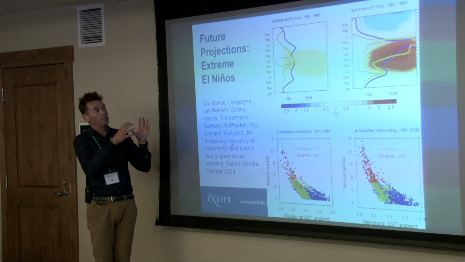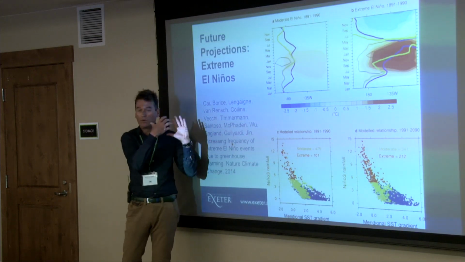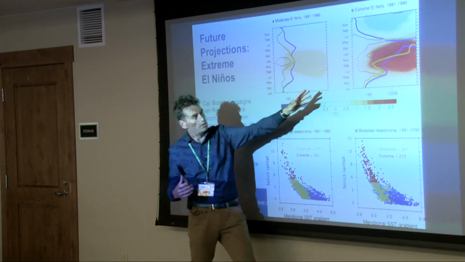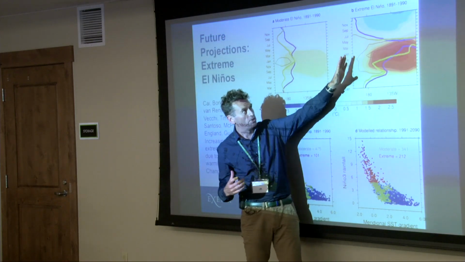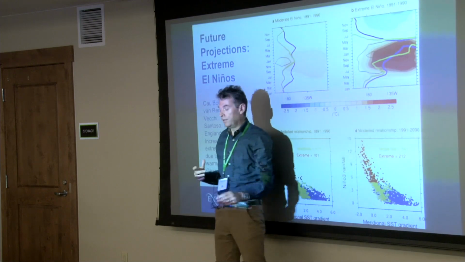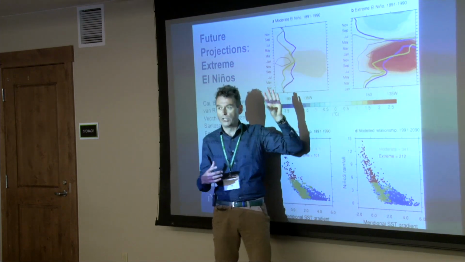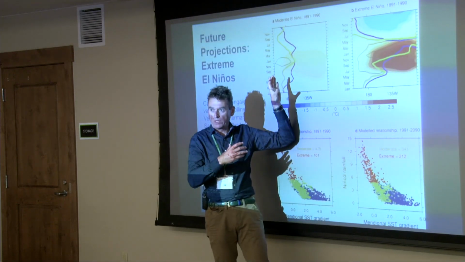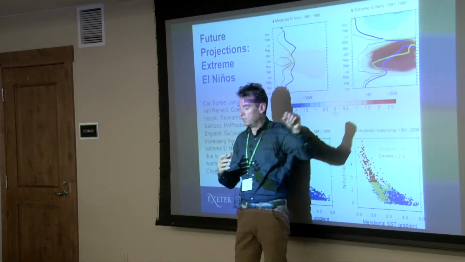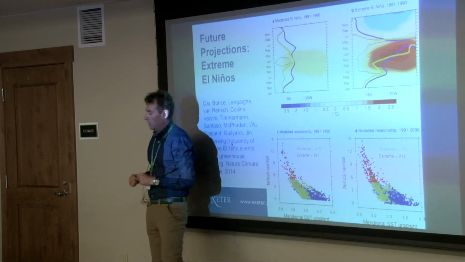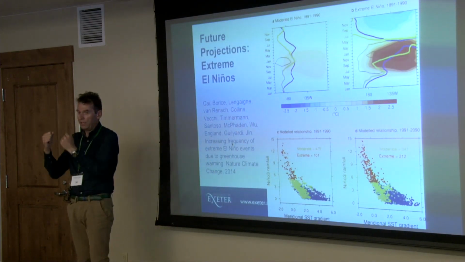And we identified these extreme El Nino events where the precipitation, one of these lines is the precipitation, this is a composite of ENSO events, in cases where the precipitation is shifted from the West Pacific right over into the East, about as far as it can go, almost pulling the ITCZ onto the equator.